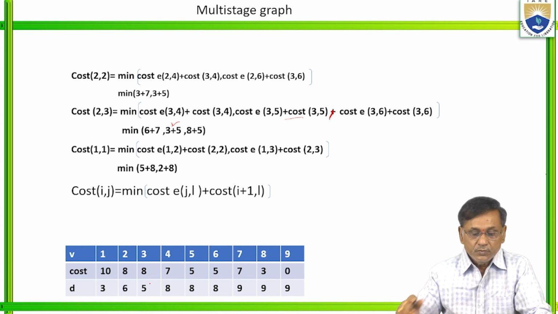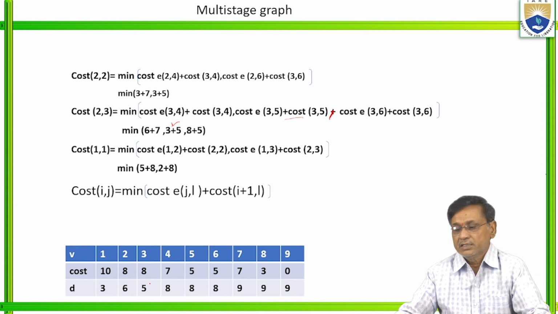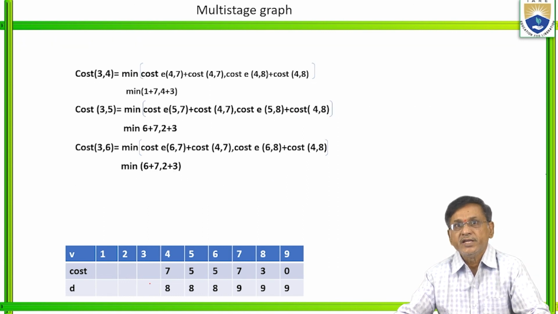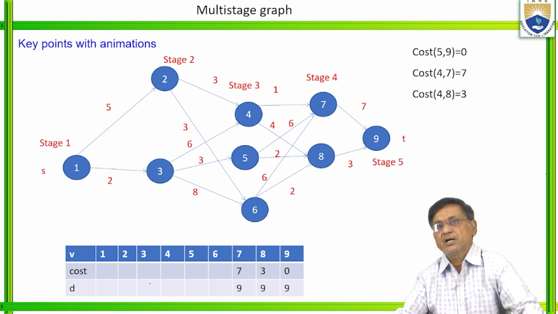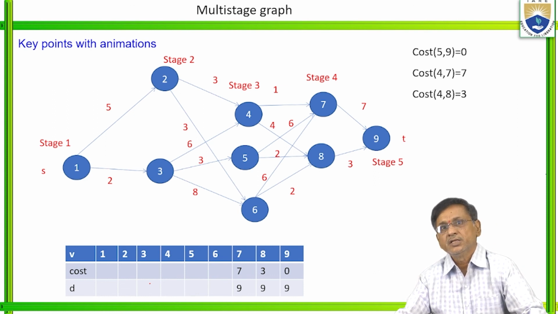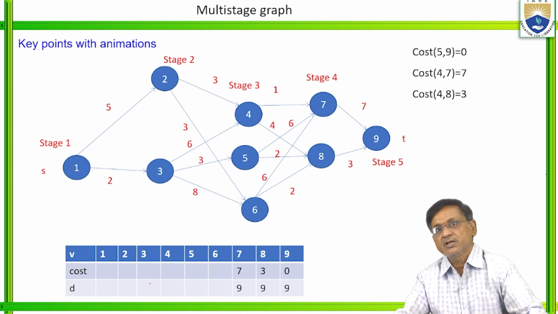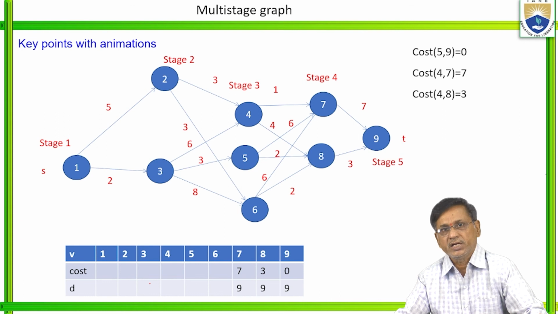Then after calculating the cost from the second stage, next we have to find out the cost from the first stage. From the first stage, there are two paths. One is 1 to 2 and another one is 1 to 3. So in that two we have to find out the shortest path.